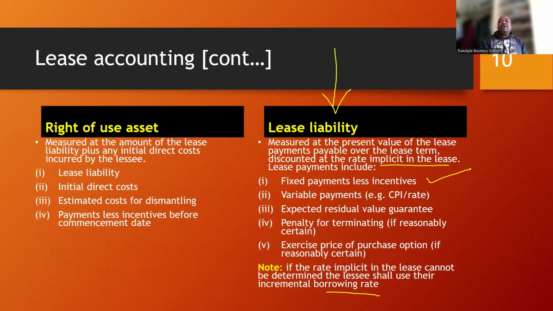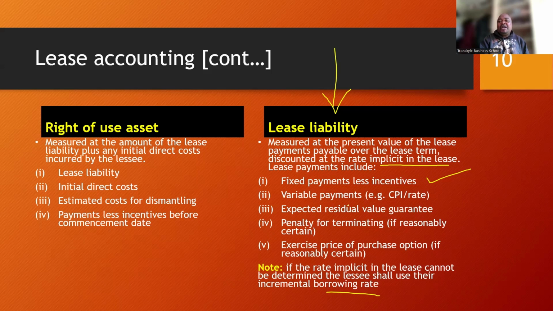For example, the lessor might say, we are going to put money in your account so that you'll be able to cater for certain services at the property. Those are the incentives you might be given. Or you are going to pay us 1,000 less a 5% discount on your rentals. Those are incentives. They have a tendency of reducing the fixed payments and ultimately the liability, isn't it?